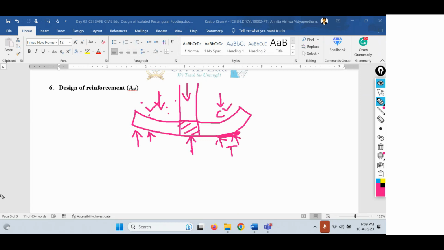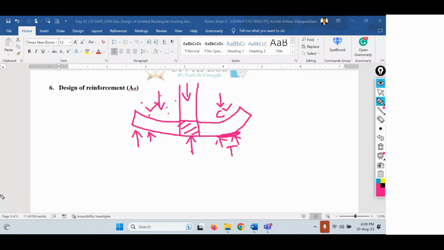So by the blind rule of design of reinforced concrete structures, we know that wherever we have the tension zone, in that zone we have to provide the reinforcement. That's our blind rule. In the design of reinforced concrete structures, not just in footings but in any type of structural member, if there is a tension force or a dominating tension force, in that tension zone we have to provide the reinforcement.